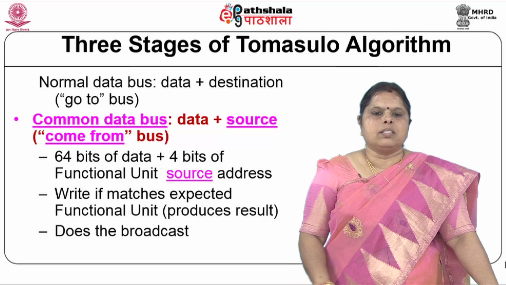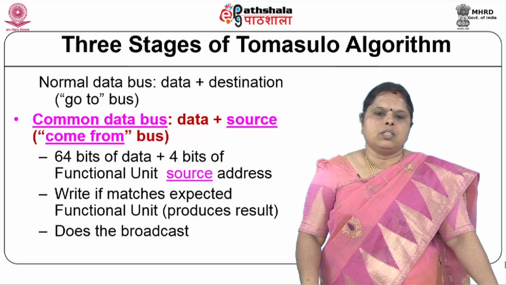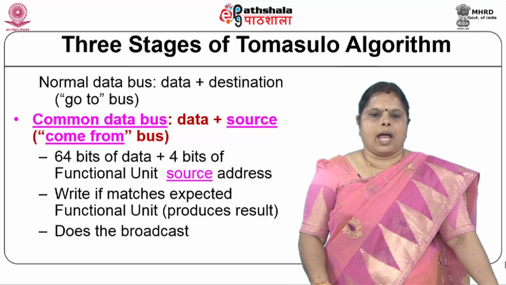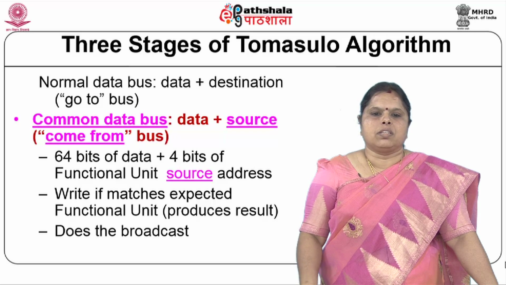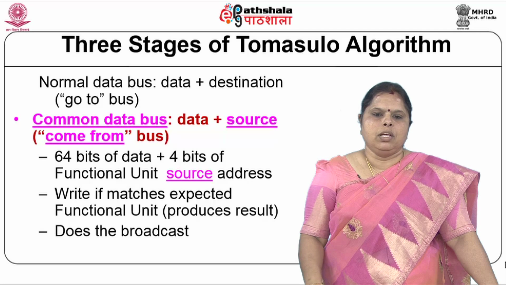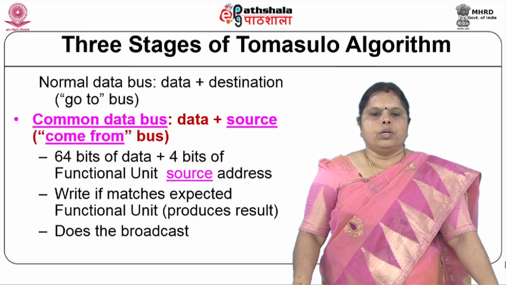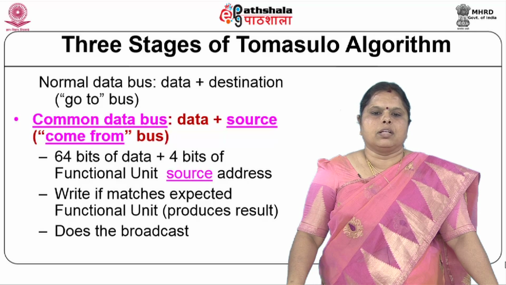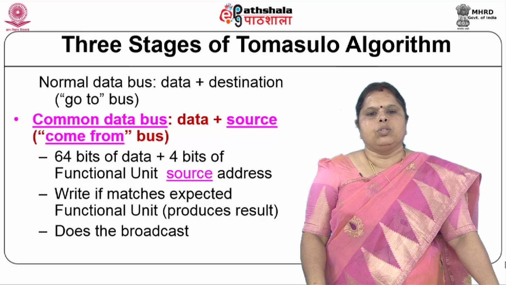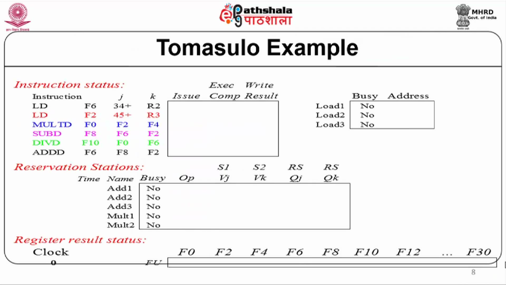And if any reservation station's entry matches with this source address, then those reservation stations will take in this information from the common data bus. And also the floating point register file, which is maintained in your register result status, which is waiting for the result of this operation, also takes in the data. So, these are the 3 stages of the Tomasulo algorithm.